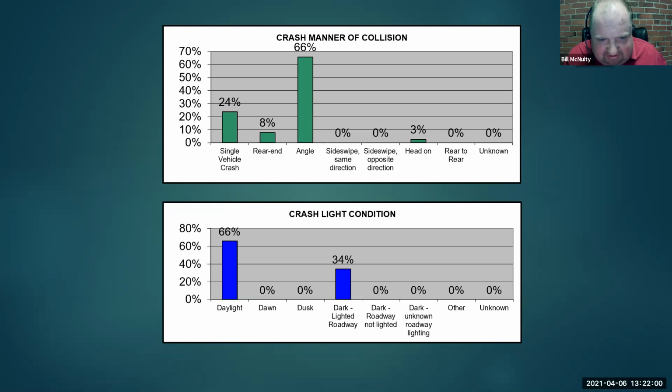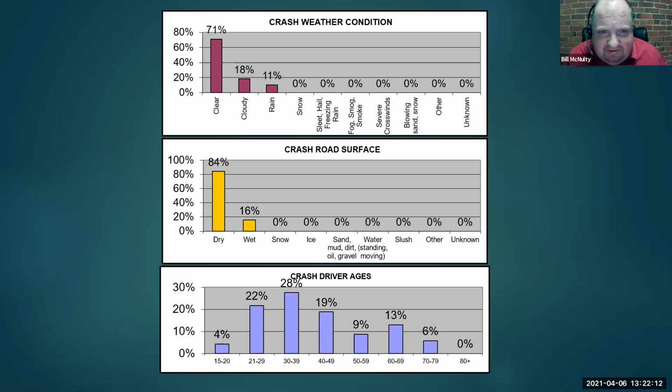Light conditions. The roadway is fairly well lit at night. Regardless, 34% of crashes occurred after dark. Most of the crashes happen in fair weather, dry conditions. Less than 20% happen in wet conditions.